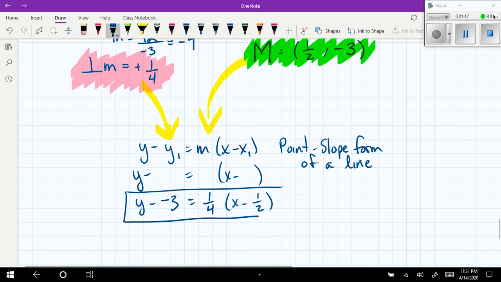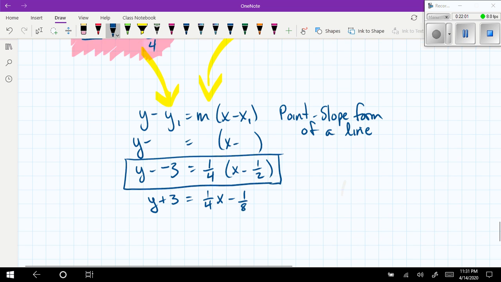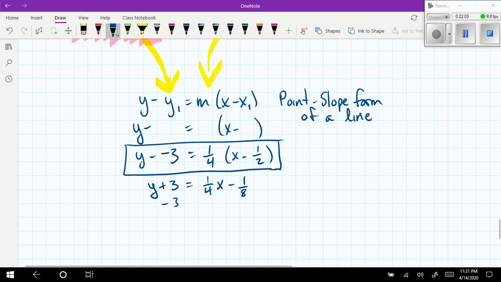I'm finished. Or I could clean it up if I felt like it and call this y plus 3 equals, and I could leave this the way it is. I could multiply it out and say 1/4 times 1/2 is 1/8. I could indeed subtract 3 from both sides of the equation, and this would yield y equals 1/4 x minus 3 and 1/8.